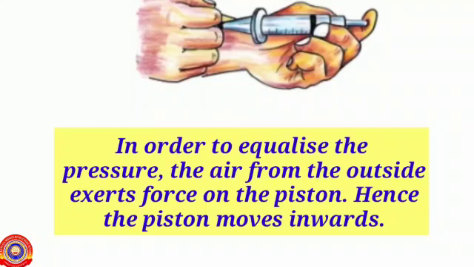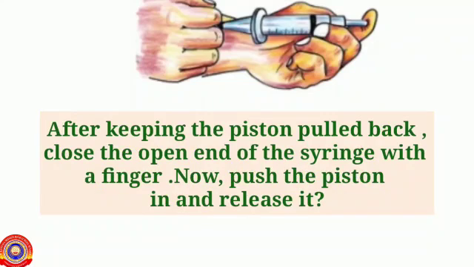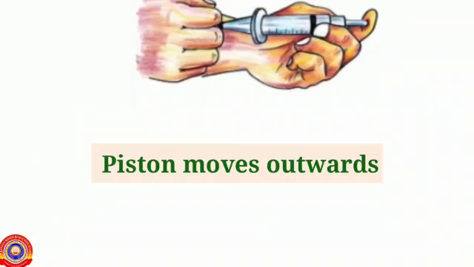Is it clear? Then, after keeping the piston pulled back, close the open end of the syringe with your finger. Now, push the piston in and release it. In which direction does the piston move now? Yes, in the outward direction.